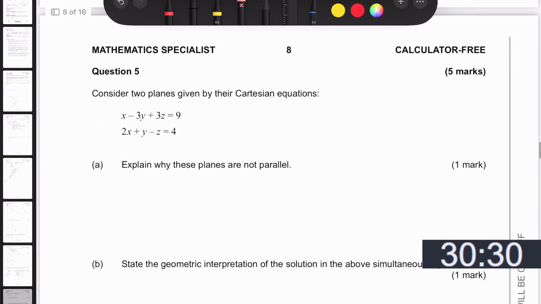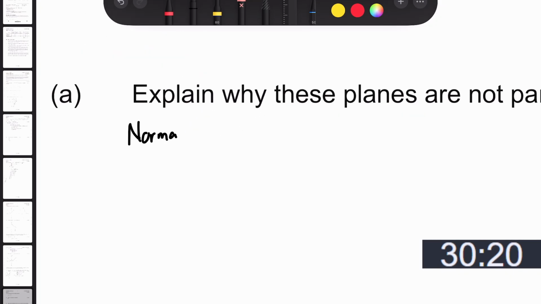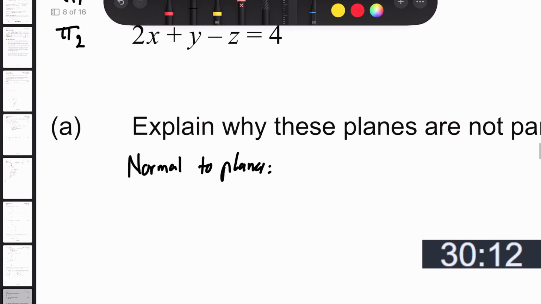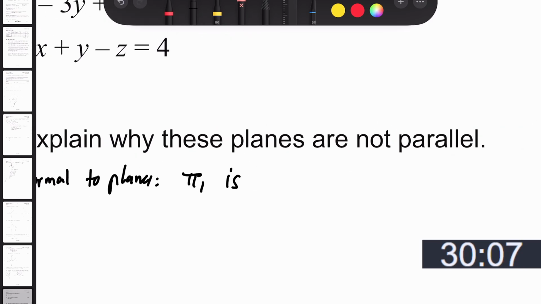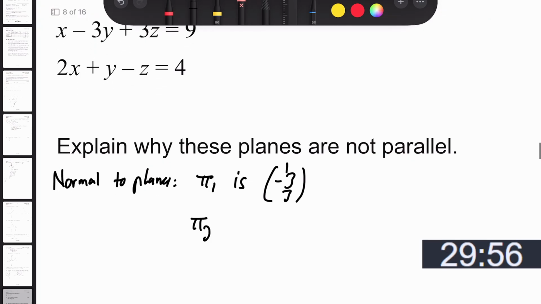Alright. Consider two planes given by the Cartesian equations. Explain why these planes are not parallel. So let's say the normals to these planes, plane 1 and plane 2. Plane 1 is 1, -3, 3, and then plane 2 is 2, 1, -1.